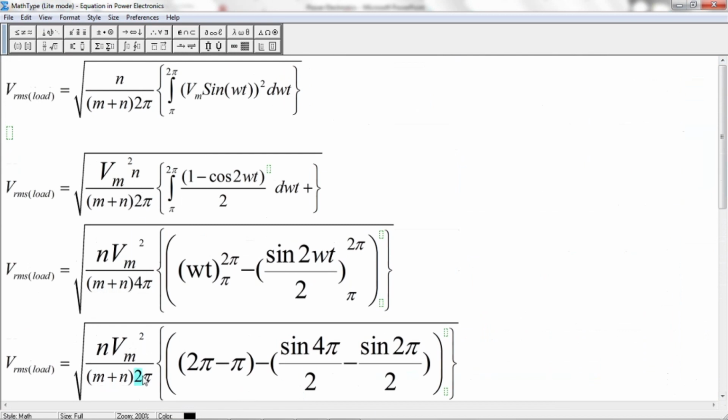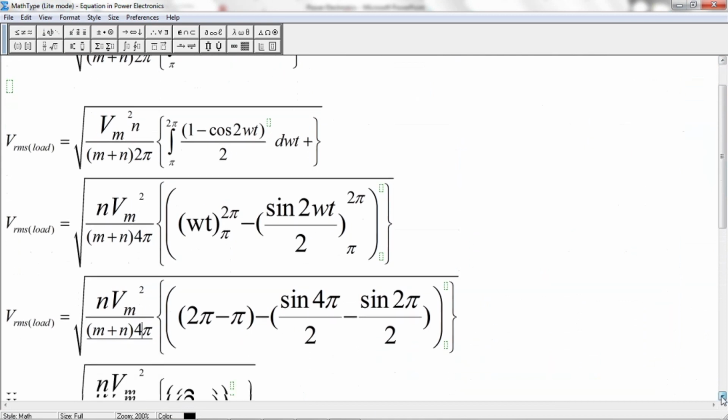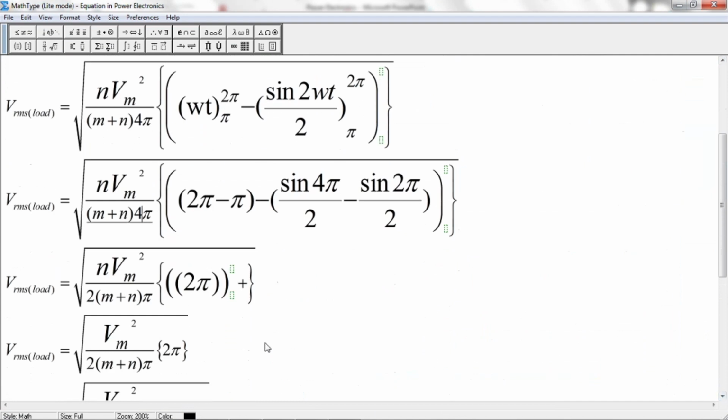This is 4. So here you are having, I'll say 4. 4 I will write, okay, 4. So remaining is 4.